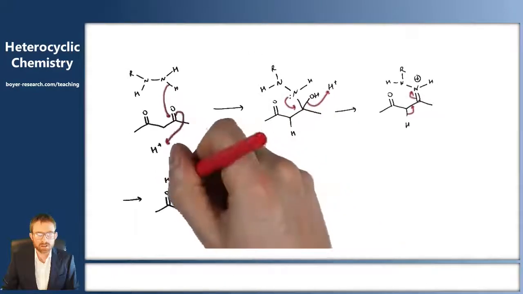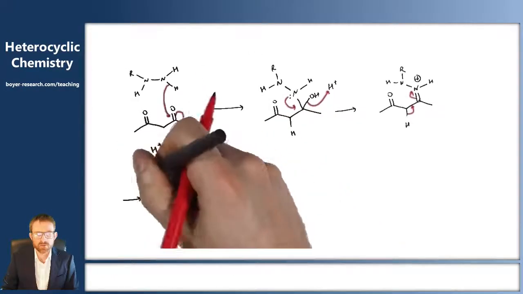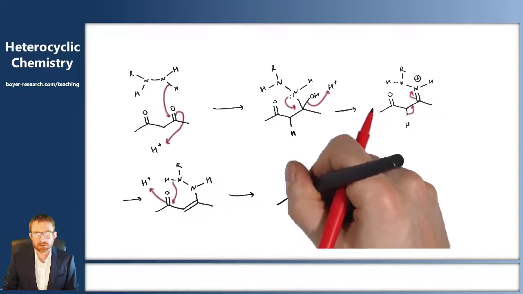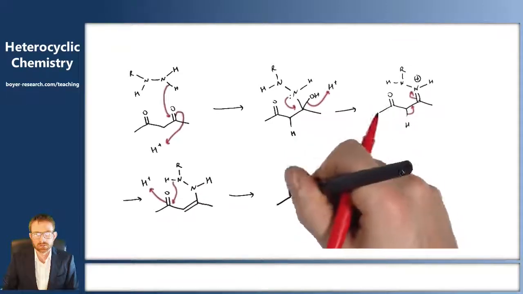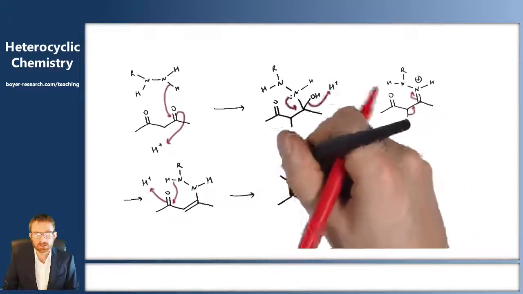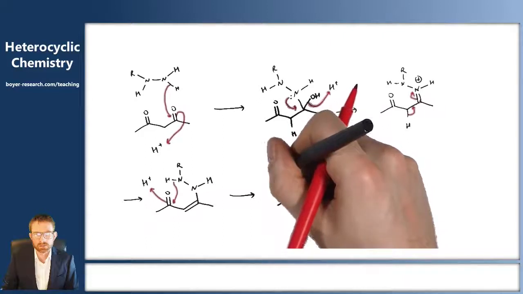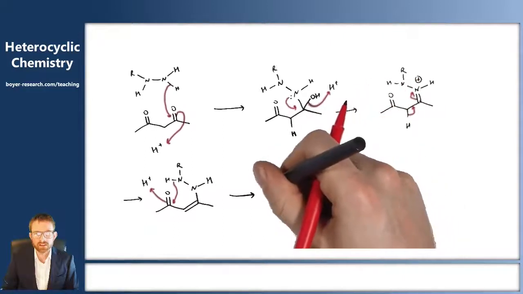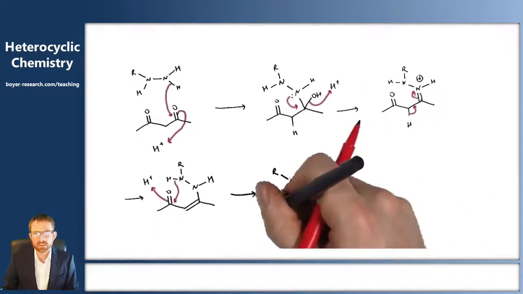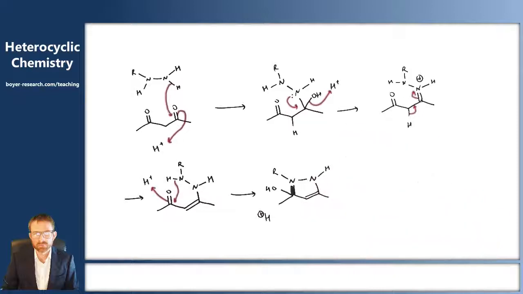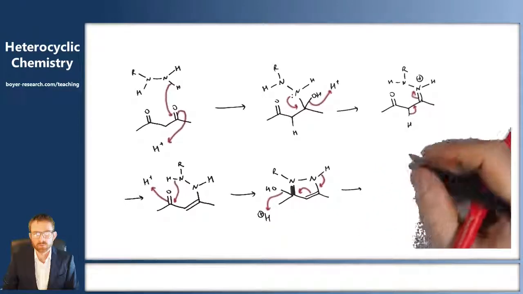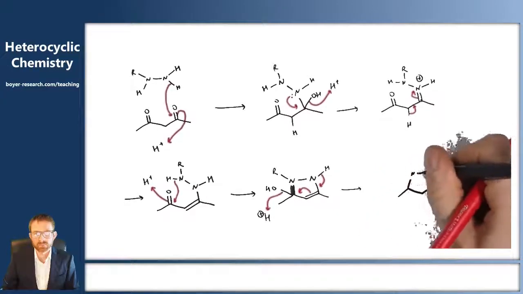The second nitrogen can rapidly cyclize to make our 5-membered ring, attacking the electrophilic carbonyl. And then finally, a second elimination of water promoted by nitrogen lone pair will give us the aromatic heterocycle.